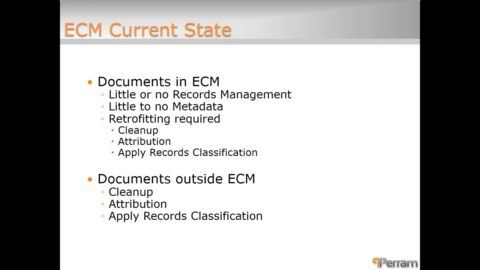Little to no metadata that makes it useful for being able to locate those documents. So within the ECM system itself, we find that there's this potential retrofitting that's required so that we can go in, clean up what's there, attribute it properly, and apply records classification. That's actually a topic for a whole other day. I'm not going to get into that too much, but it is an interesting topic that maybe we'll come back to.